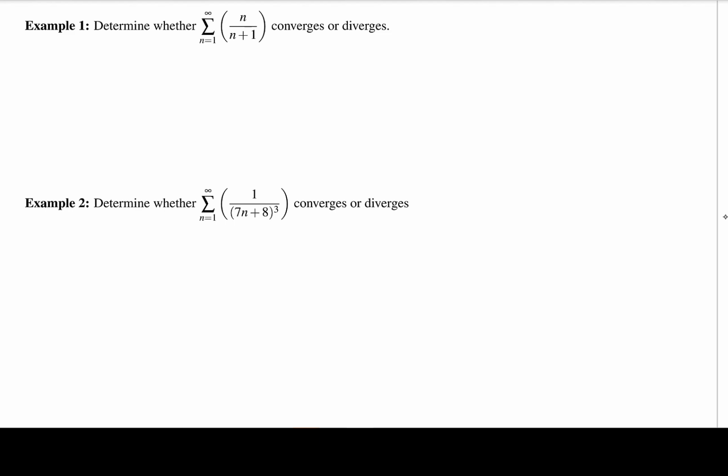And if I use the test for divergence here, let's remember that the test for divergence says if the limit as n goes to infinity of a sub n, right? Notice we're taking this limit of the sequence, not of the partial sum sequence. So I'm using a sub n and not s sub n. If this limit is not equal to 0, then it diverges.